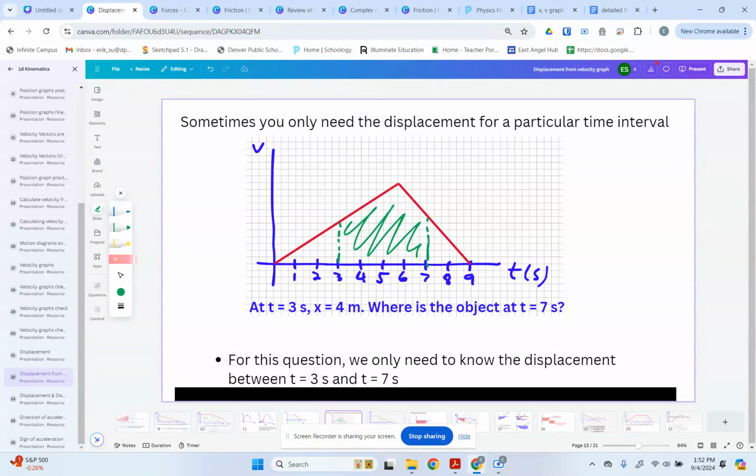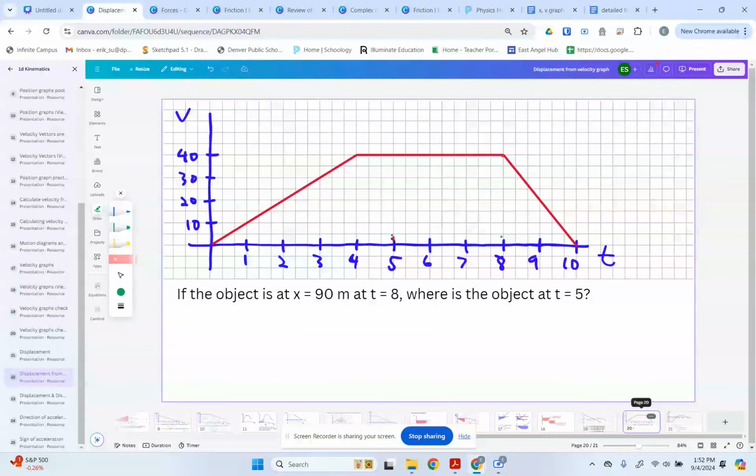Let's try another question that I didn't ask you yesterday. Let's see if you guys can kind of pick your way through it. Okay. See this question right here. Let's try that. Do you guys see this is at one time that I gave you? Do you notice I'm asking for the position at a different time? Okay.